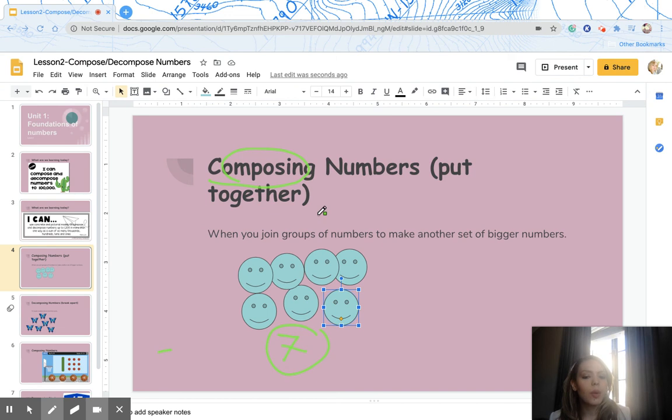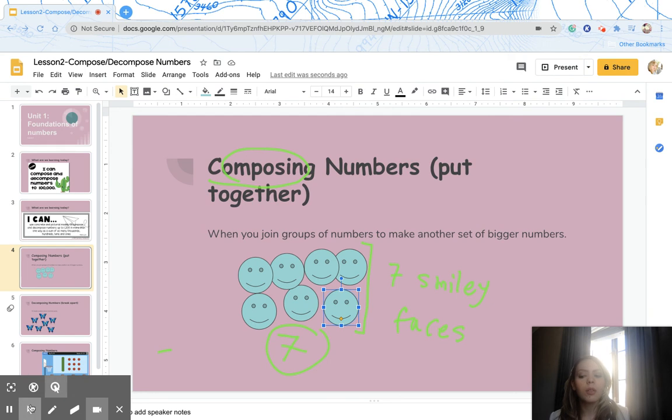So this right here is my group. I just composed a group of 7 smiley faces. Okay, perfect. So that was composing numbers.